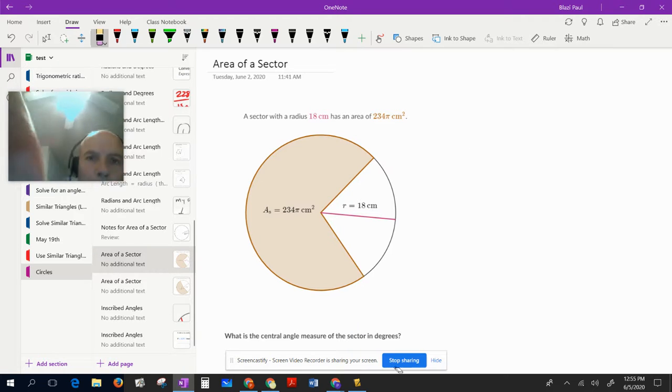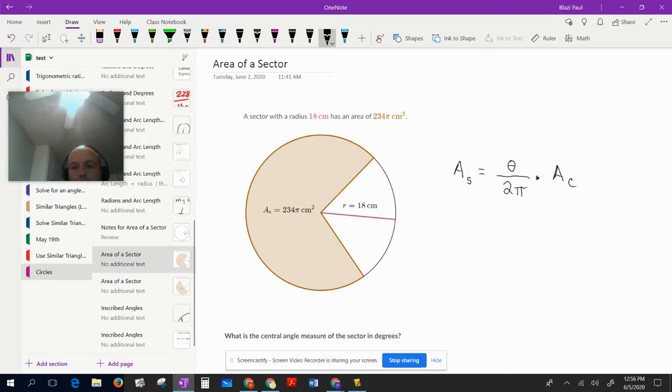I'm just going to remind you the area of a sector is equal to the central angle over, in this case we're using radians, so it's going to be over 2 pi, times the area of the entire circle.